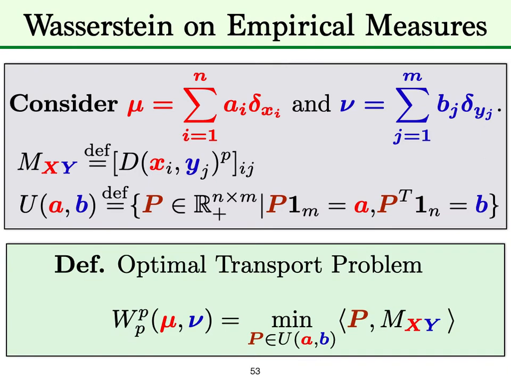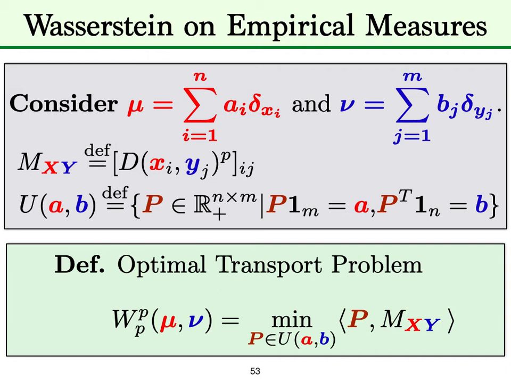And the way you formulate this, and this should ring a bell if you go back to the Kantorovich problem that I described earlier, is on the one hand we are going to encapsulate entirely the geometry of the problem by forming a cost matrix M_XY.